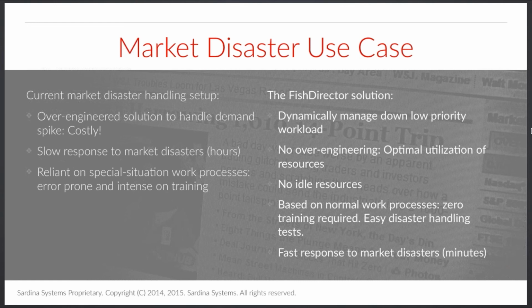Then when disaster happens, the response is typically in the range of hours. Again, similar to the DR situation, you're also relying on special situation work processes, which are again error-prone and intensive on training.